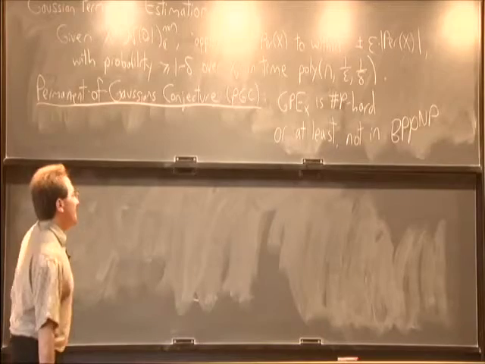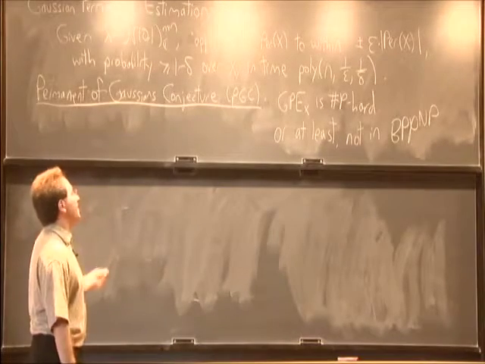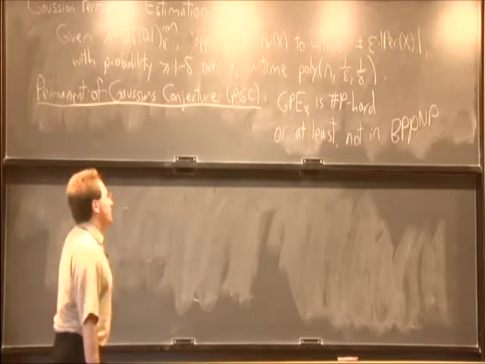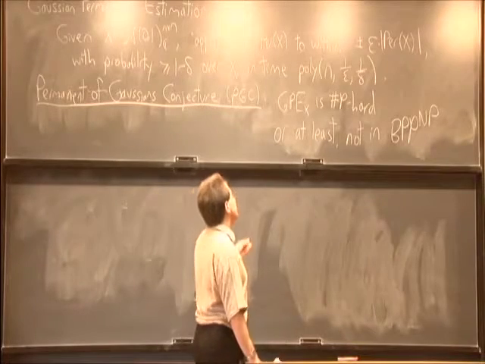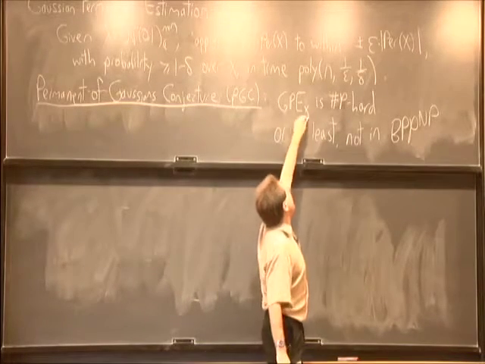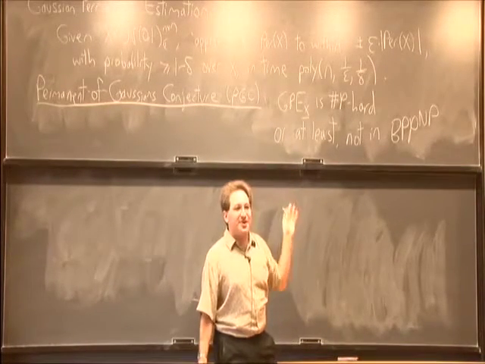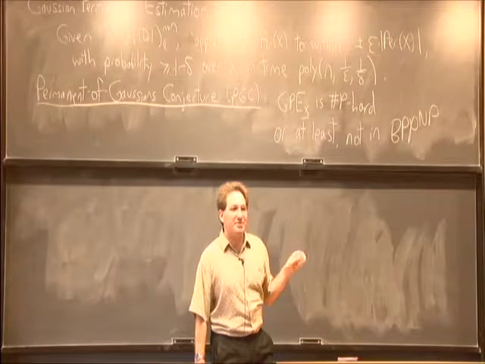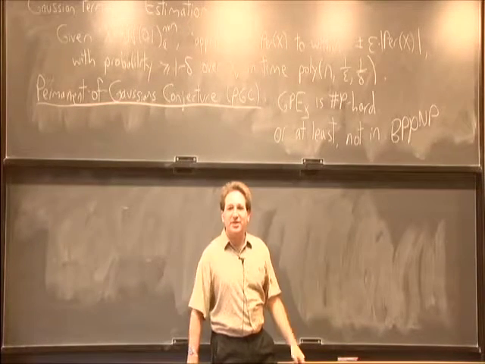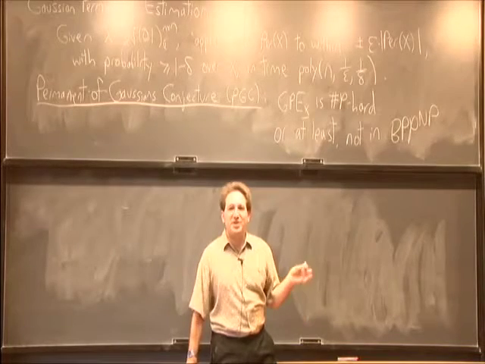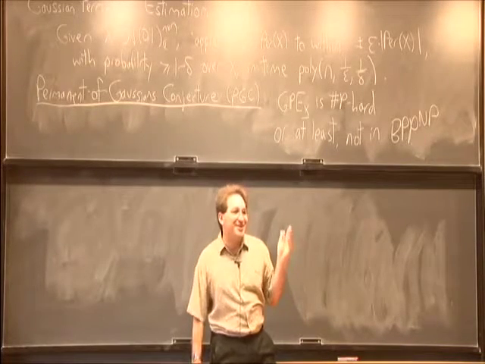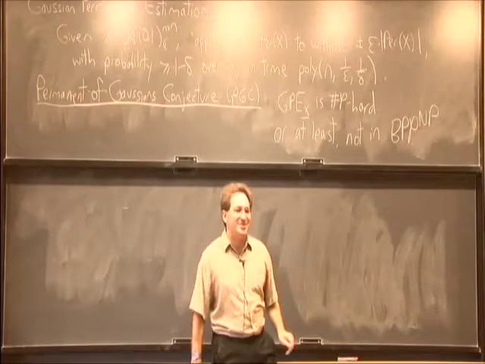Assuming the anti-concentration conjecture, first of all we can show that it doesn't matter if you have multiplicative or additive approximation. Those become equivalent for this problem. And secondly, it doesn't matter if you're talking about the permanent itself or the absolute square of the permanent. Those two are also the same.